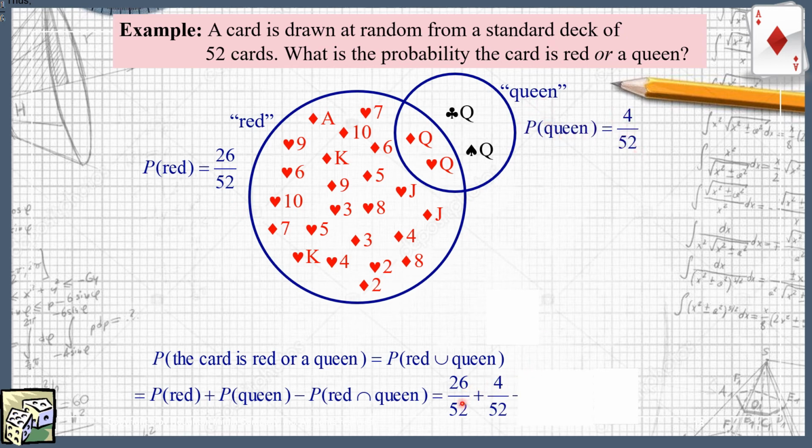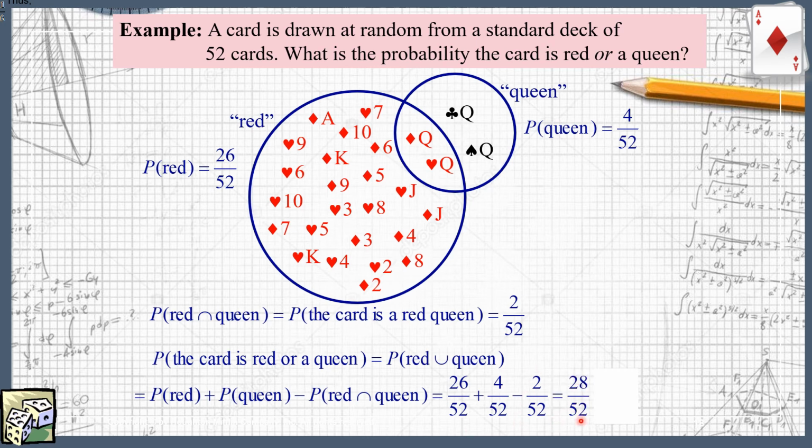So, i-add lang natin yung dalawa na yon. Ilan naman yung probability na red and queen siya, or the card is a red queen? That is 2 over 52, which is the queen na diamond tsaka queen na heart. So, yun yung ima-minus natin dito sa sum nitong dalawa. So, we have 26 over 52 plus 4 over 52 minus 2 over 52.